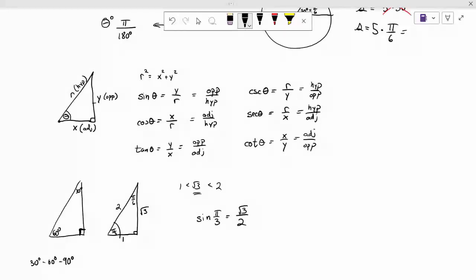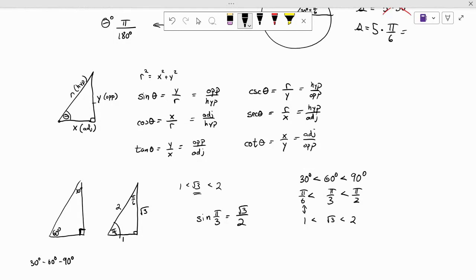I was just thinking that 30 is the smallest angle, 60 is the middling angle, 90 degrees is the largest angle. So if the lengths of the sides of this 30, 60, 90 triangle are famously known to be 1, square root of 3, and 2, then you know that the shortest side must be opposite the smallest angle.